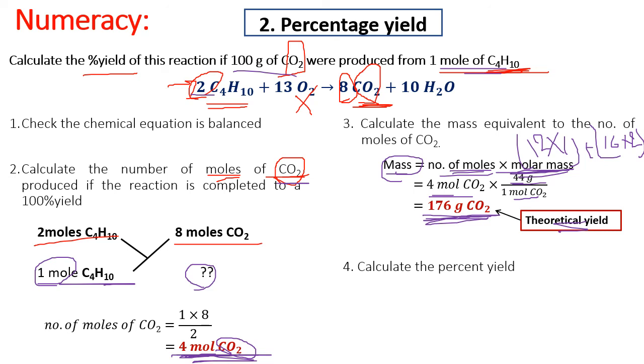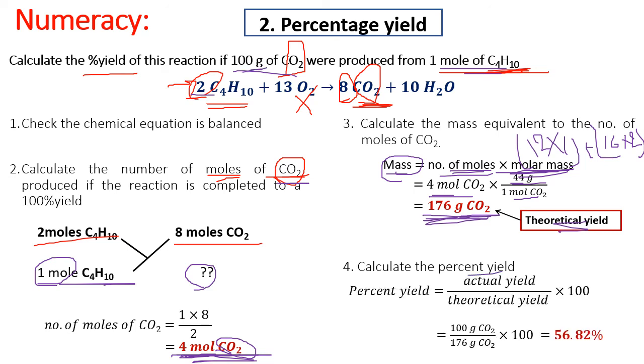Then, to calculate the percentage yield, we will take the actual produced 100 grams over the 176 theoretical grams times 100, so the percentage yield will be 56.82. If he asks for interpretation, then you will say that this percentage yield is much lower than 100.